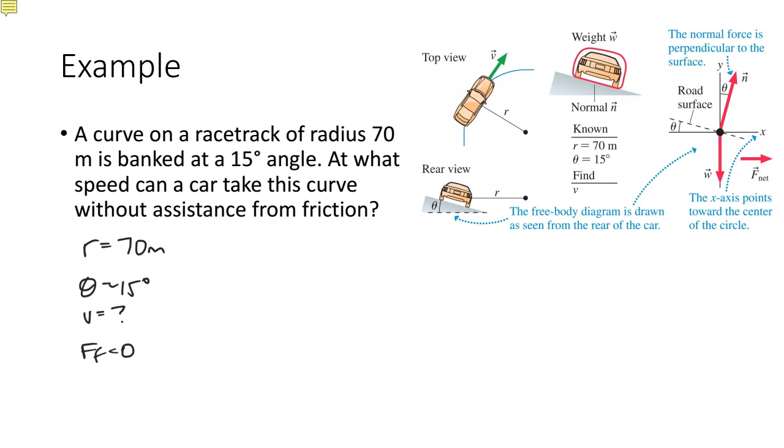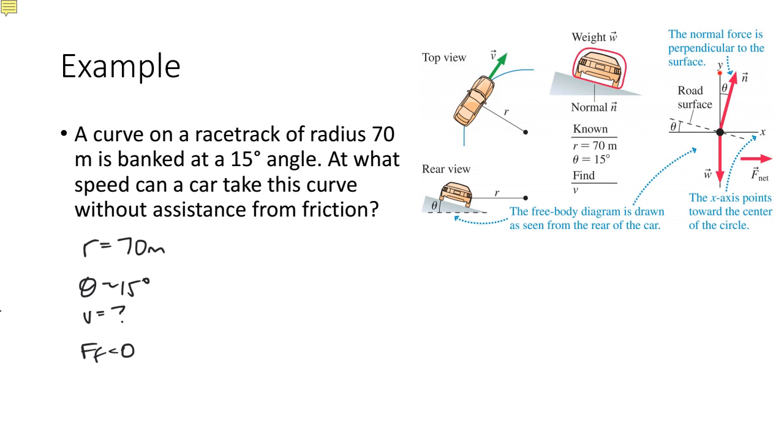If the friction is 0, that means that we need a different force acting as our centripetal force. You can see here's a top view of a car going around this circular path, and here's a rear view of the car going around the circular path. If you were to draw a free body diagram of just this car, there would be a normal force and a weight.